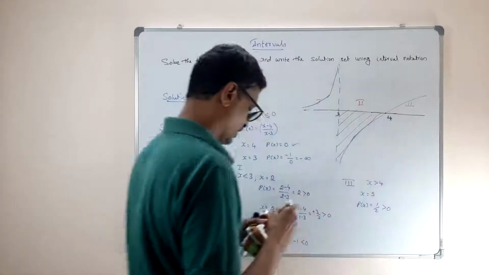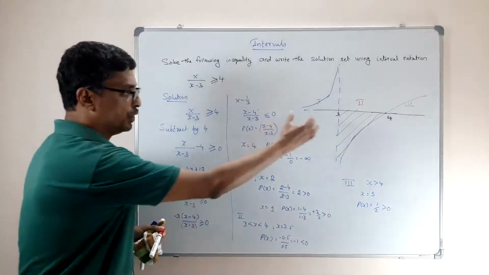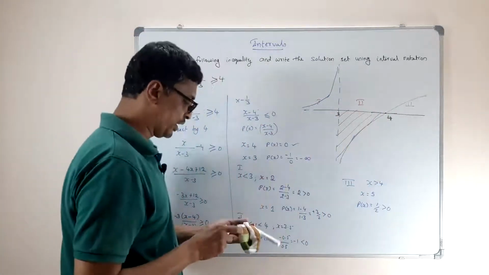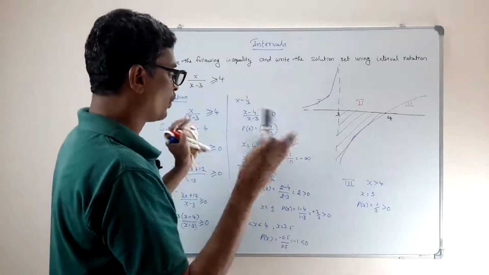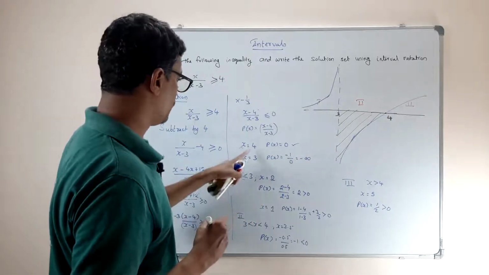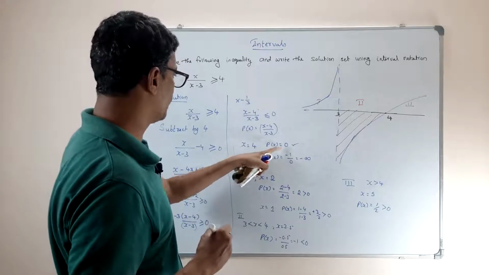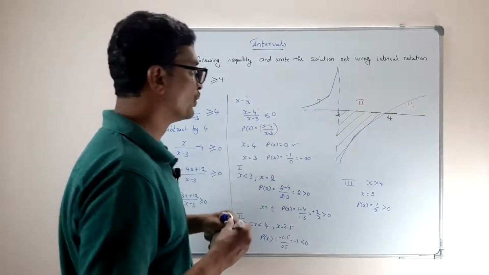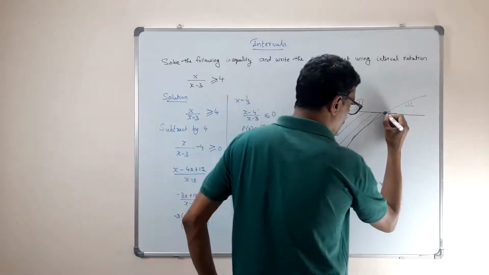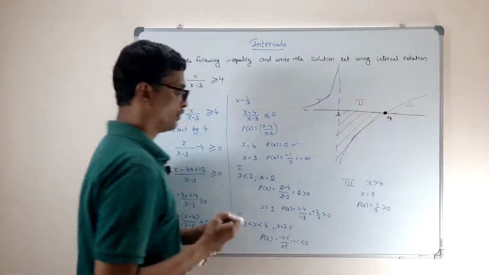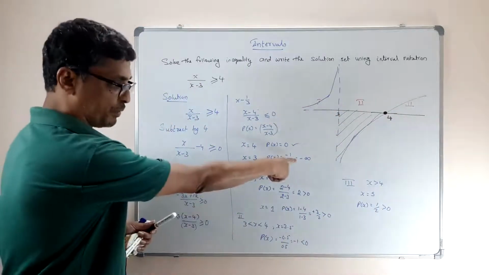Now tell me, there are two limits we got. Which one is closed and which is open? 4 is closed, because p of x is 0 there, and less than or equal to 0 is allowed. What about 3? It's open, since it goes to minus infinity.